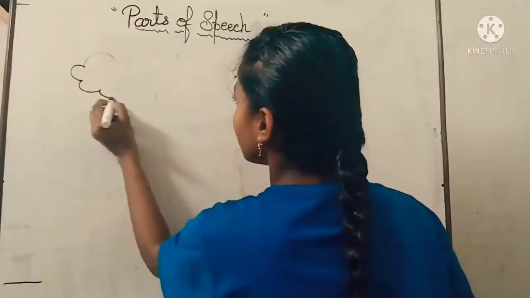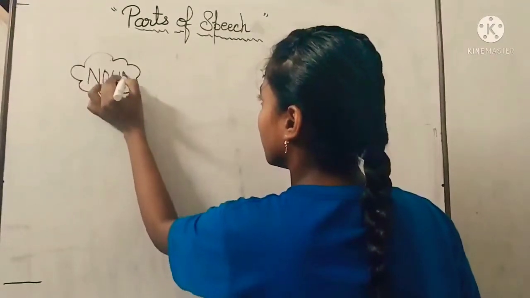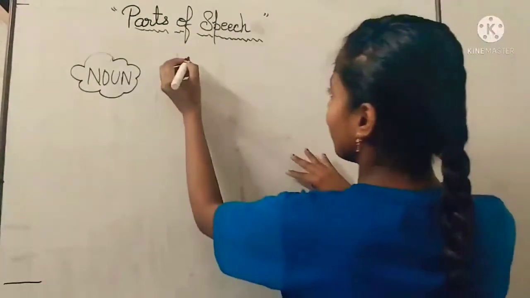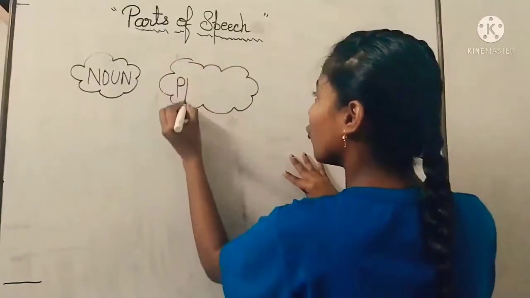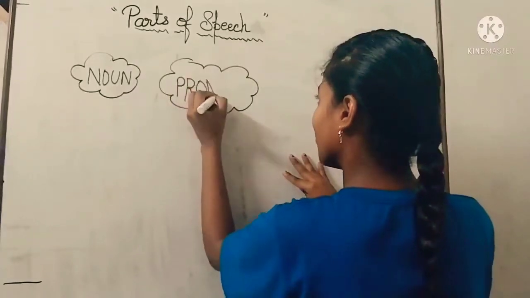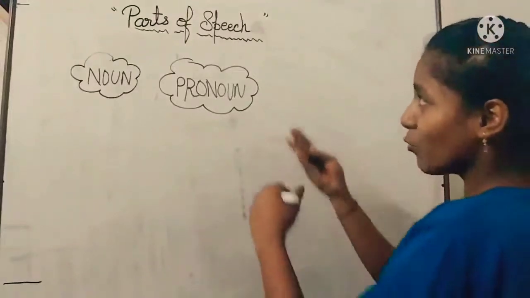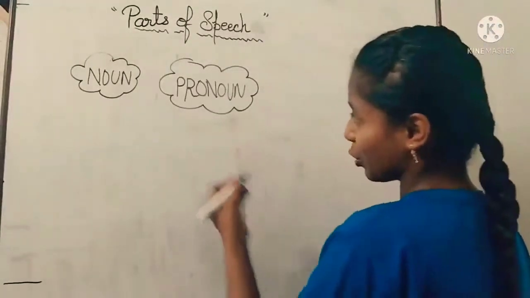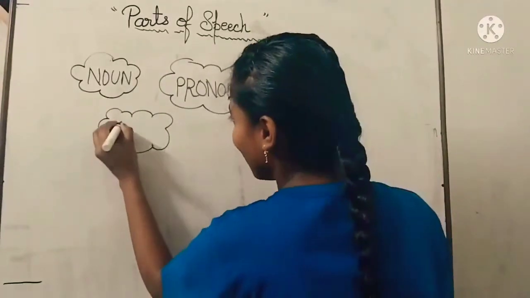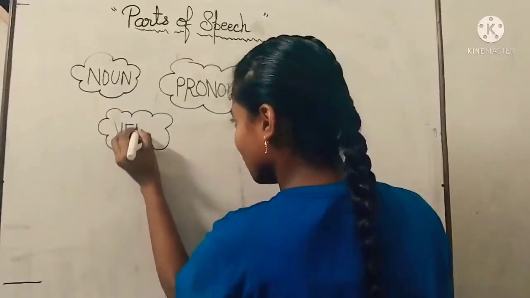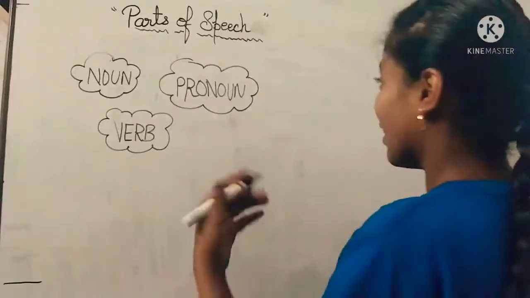Like we have parts of speech number 1 as noun. Then the second, your favorite one, that is pronoun. Hope this much is clear. Then we get more, that is verb. Whatever you are doing simply refers to your verb. Then what more do we have?